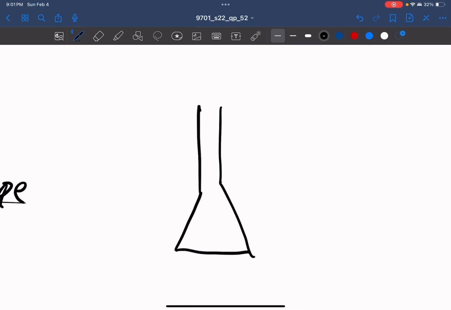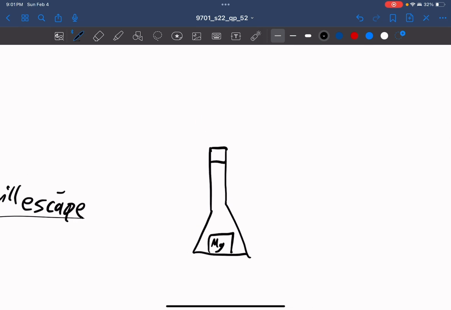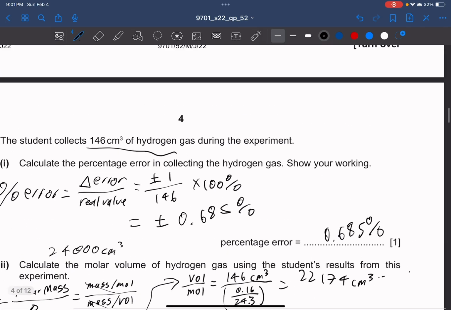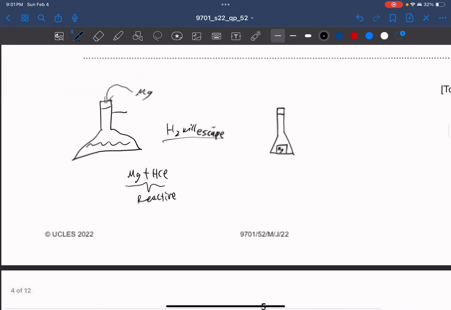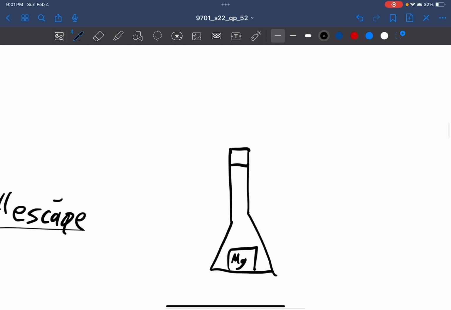So let's say we have Mg here, and this is already sealed. But now we have a problem, right? Because how on earth are we gonna have HCl in our mixture? And I know this is hypocritical because earlier we said it's not necessary to use a burette, but we could actually use a burette in this situation.